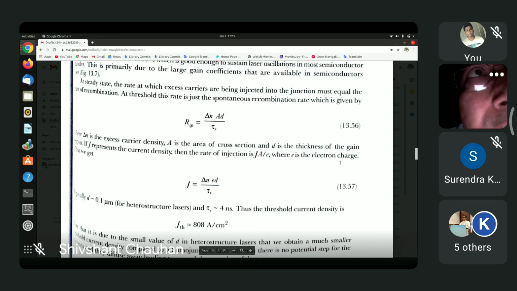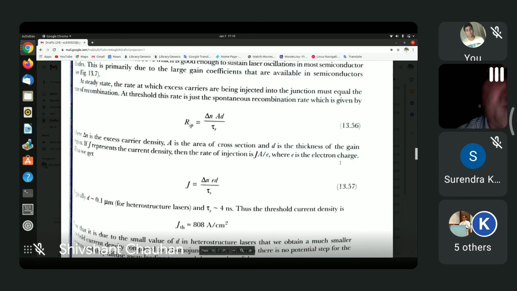Note that the biasing has resulted in the production of a non-equilibrium condition. That is signified by the difference in the Fermi level in the conduction band and the Fermi level in the valence band. The difference EFC and EFV comes in because the system is not in thermal equilibrium.